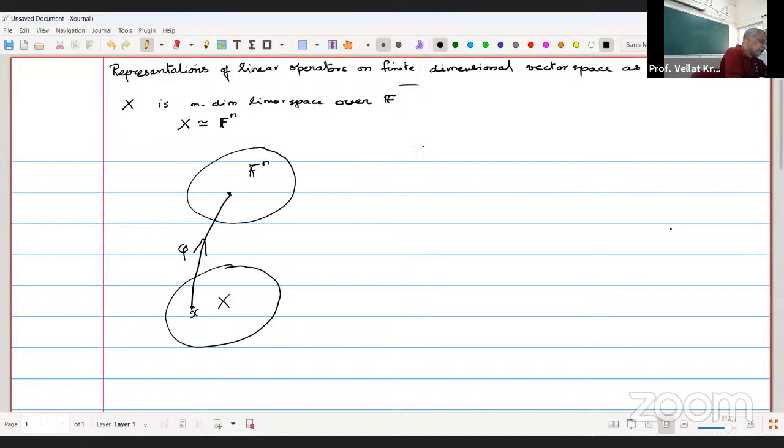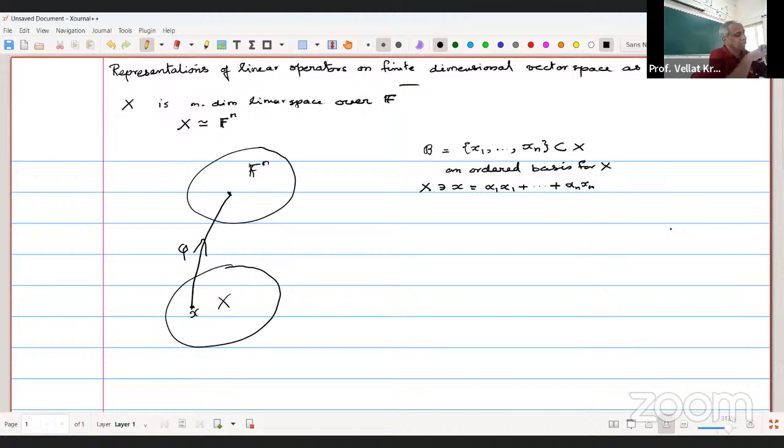Recall that we have chosen an ordered basis B for X. Then you know that given any x belonging to X, x can be written as alpha 1 x1 plus ... plus alpha n xn, the unique linear combination of x1, x2, etc., xn.